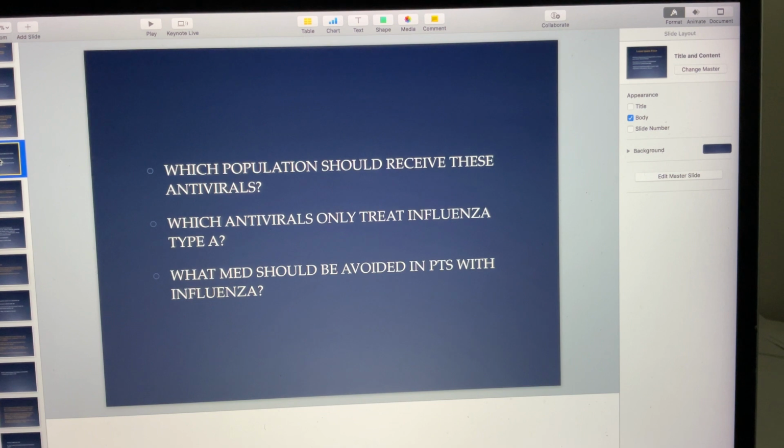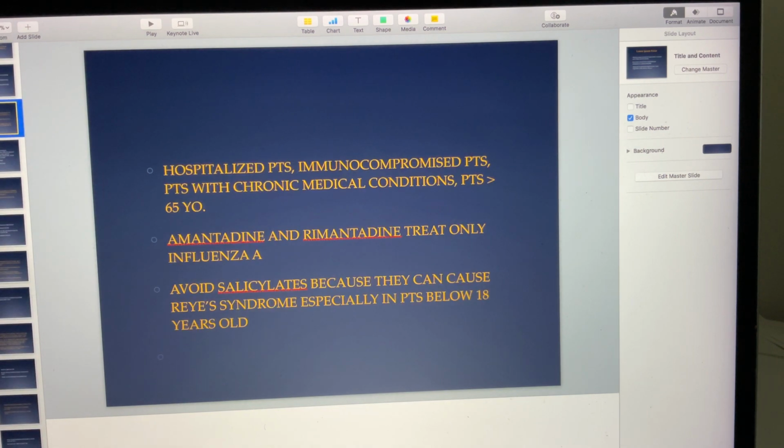All right, which population should receive these antivirals? Okay, and which antivirals only treat influenza type A? What medication should be avoided in patients with influenza? So hospitalized patients or immunocompromised patients or patients with chronic medical conditions or patients who are 65 years and above, they should get the antiviral, okay?